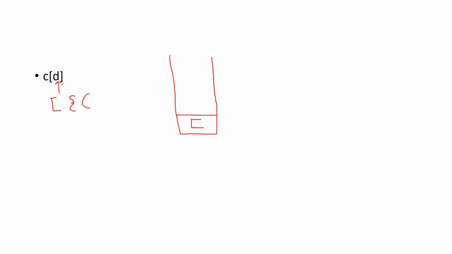Now when we come to this bracket, this is a closing bracket. Whenever you get a closing bracket, this one or this one or this one, any one of these three, you pop the element from the stack.